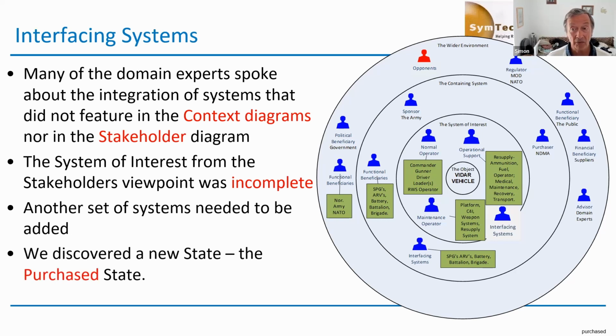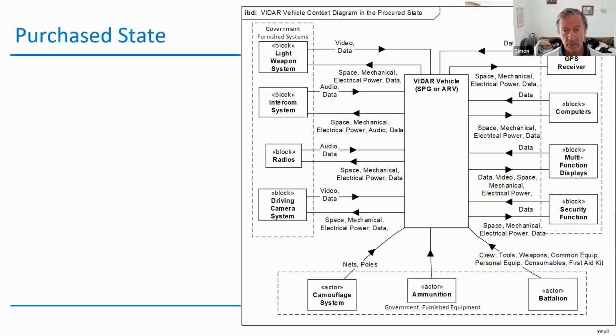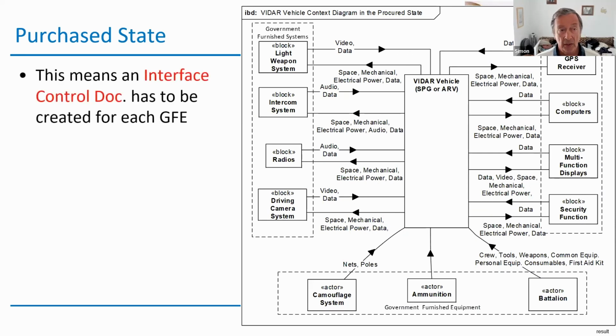And if we hadn't gone forward with this, it would have been a complete disaster, because this is the purchased state, that all of these pieces of these subsystems, the machine gun, the intercom, radios, the camera, the GPS receiver, the computers, the security functions, etc., ammunition, the existing camouflage systems, all of these existed already.